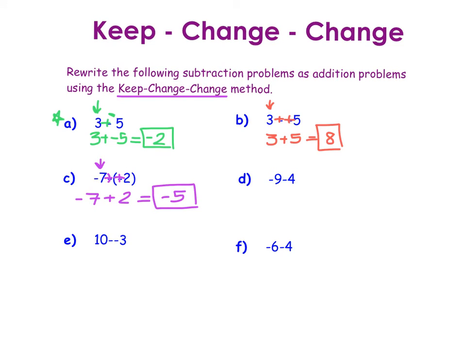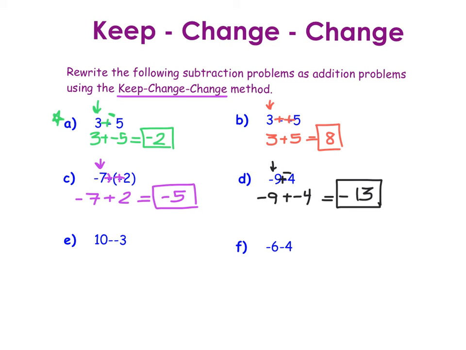Then if we look at part D, we have negative 9 minus 4. We keep, change, so that becomes negative 9 plus negative 4. And those two numbers added together, if we use our number line or one of our addition strategies, we find to be negative 13.